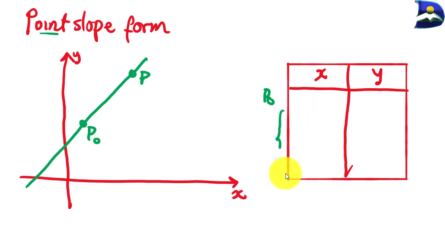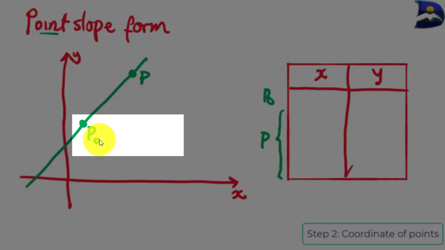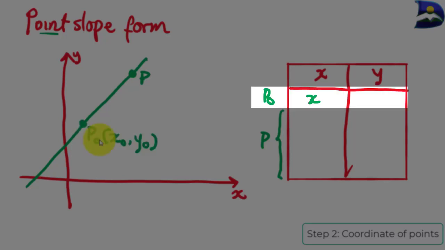So we need to recognize that as our first step, and then our second step is to determine the coordinates of these points. The coordinate of your p naught is addressed as x naught, y naught, and it is reflected on the table of values as x naught, y naught.